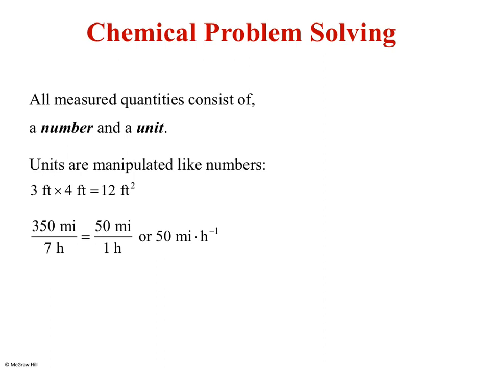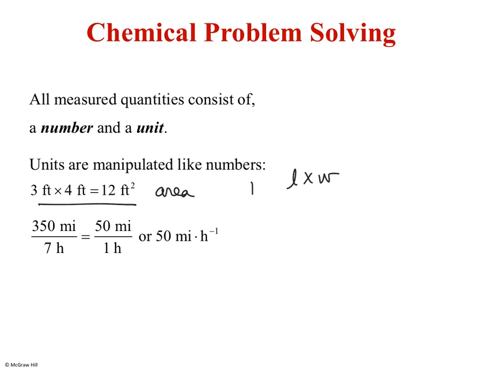So, everything in science has a number and a unit. And so they're showing you here, this is area. So the area of a square is length times width. So the length times the width is the area of a square.